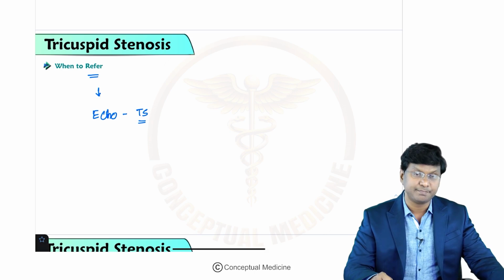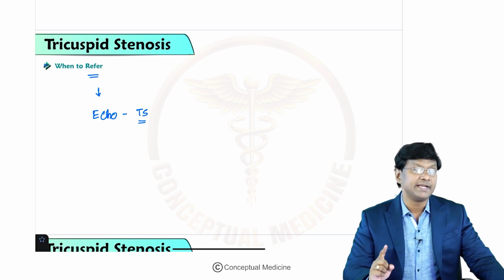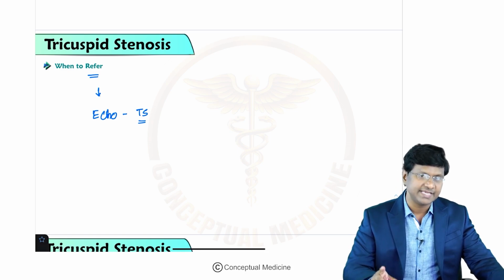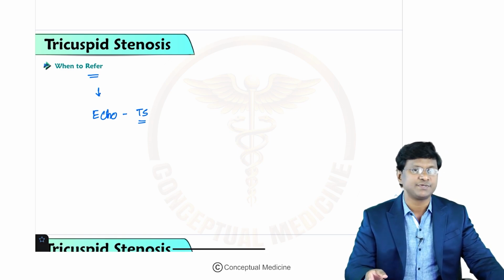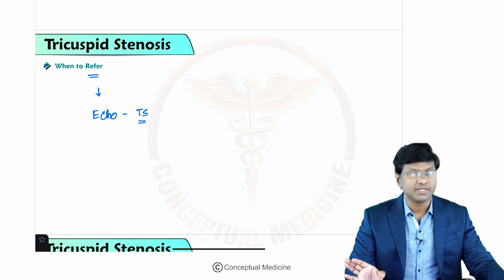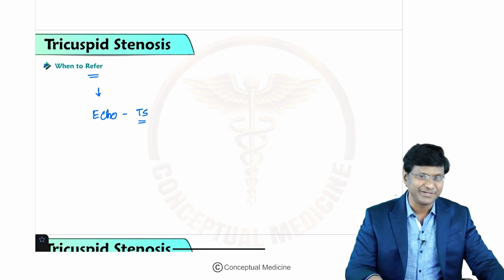ECG shows P pulmonale. The chest X-ray shows cardiomegaly. The treatment, first line drugs are diuretics, and in those undergoing left-sided valvular replacement who also have severe tricuspid stenosis, they have to undergo tricuspid valve replacement. So this is about this very important topic, tricuspid stenosis. Thank you very much.